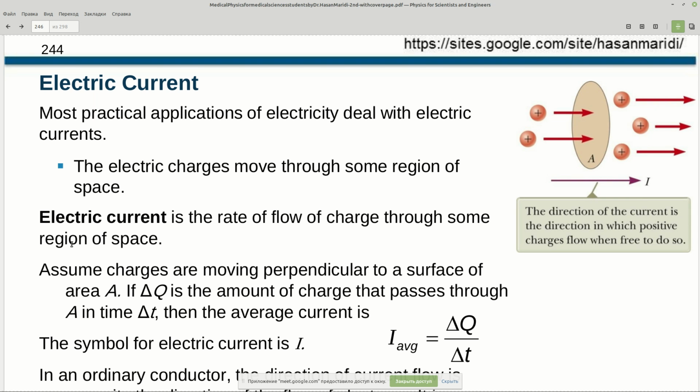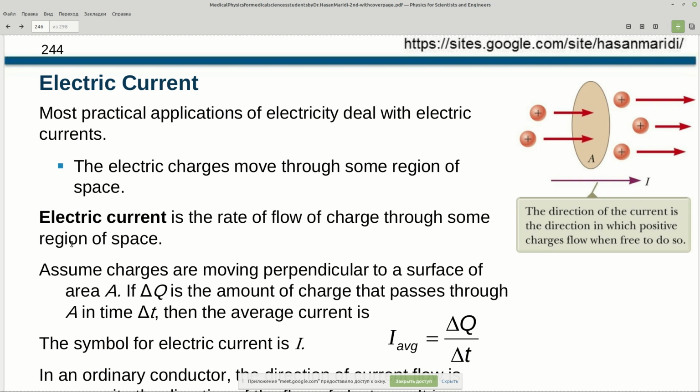When we plot the dependence of current on voltage, the volt-ampere characteristic, we receive a slope.